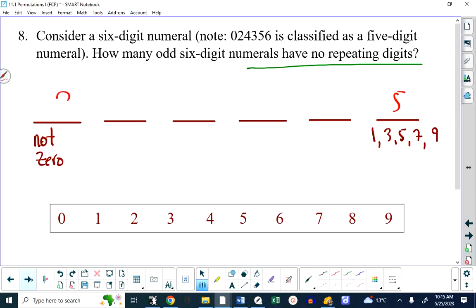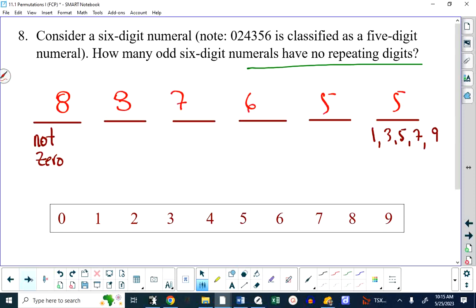Okay. How many different items are still left available for me to choose from for the next blank? 8, because I've used 2. I've used some odd digit, and I've used some other digit that's remaining in the pool that's not 0, so I have 8 left. And then I'm down to 7 and 6 and 5 and 4.